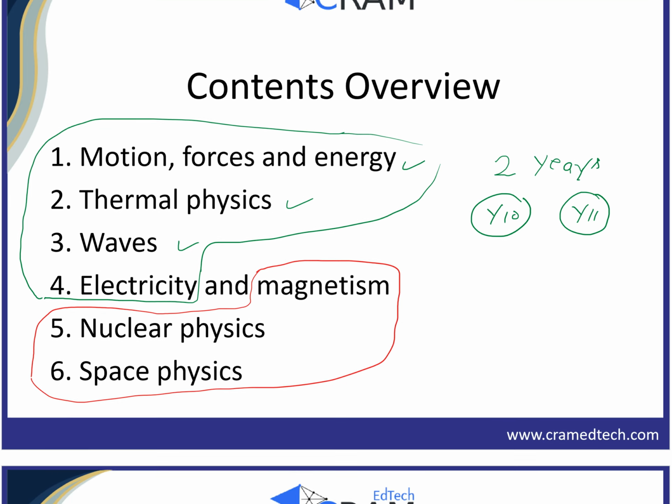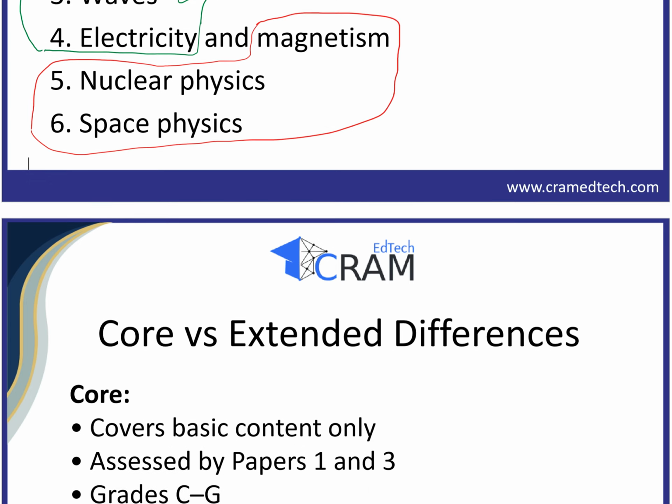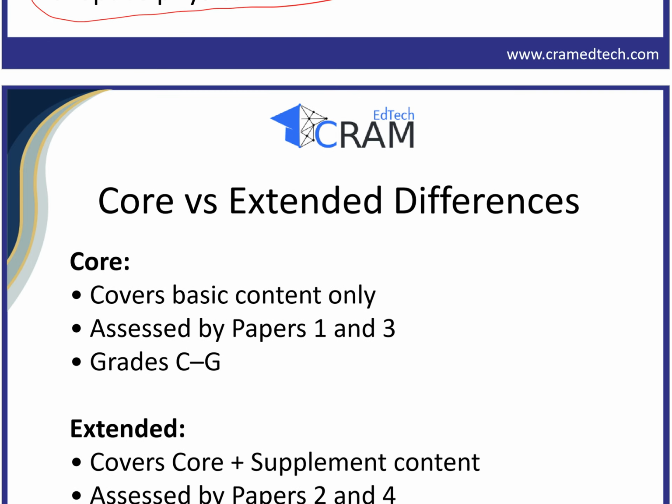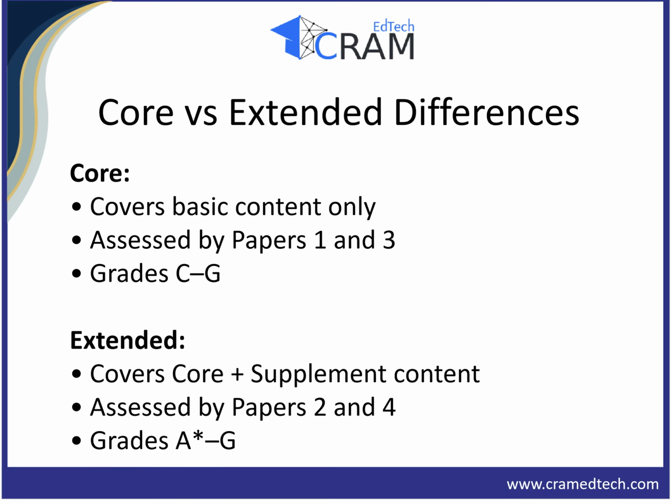Let's have a look at the assessment of the IGCSE Physics syllabus. We have 2 categories here: one is the core and the other one is the extended. First of all, I would like to tell you the difference between the core assessment and the extended assessment. Core contents means that basic contents will be covered.